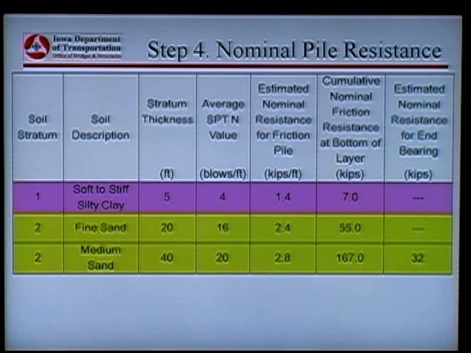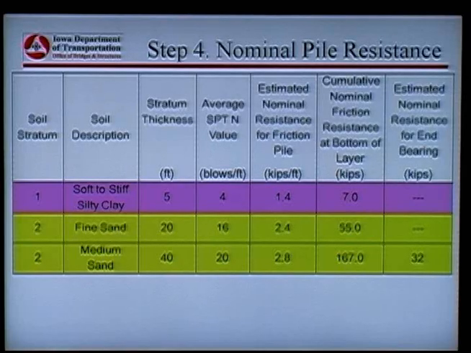Thickness is 5 feet. The average N value at this layer is 4. And 1.4 is the number that you select from the Iowa design chart, corresponding to the N value and to the type of soil that you have at this layer. Right? So it will be 1.4 kips per foot.